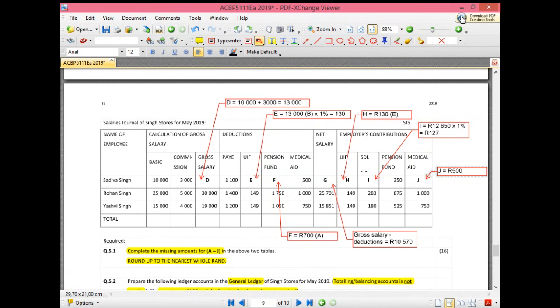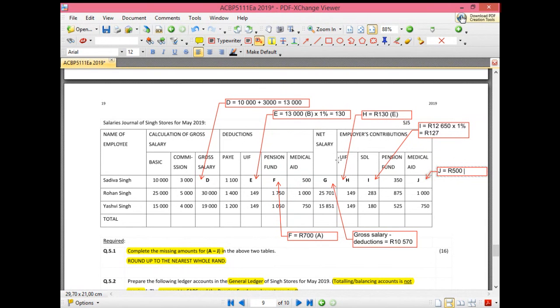Now, these four accounts here at the end, the employer's contribution, are not captured as part of the salary information for your net salary. So we need to create the liability as well as the expense account for these four accounts. That's why we've got the SDL contribution. We capture the liability under the EMP 201 control account.